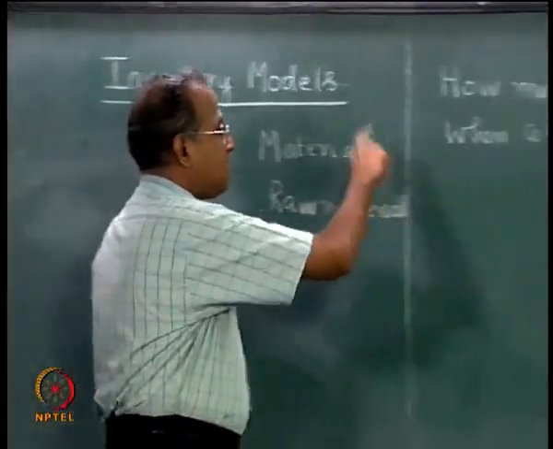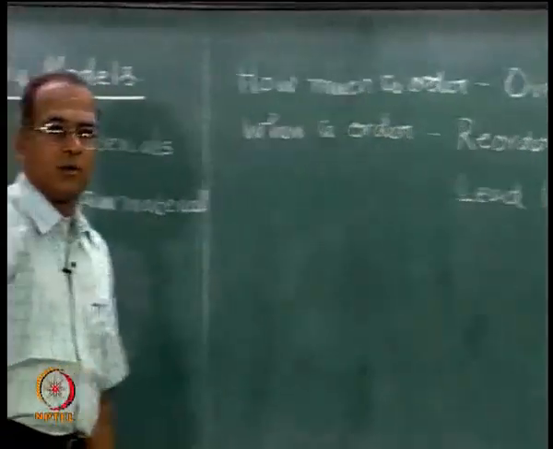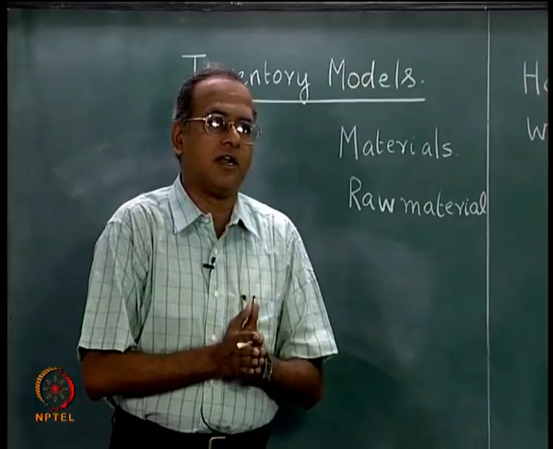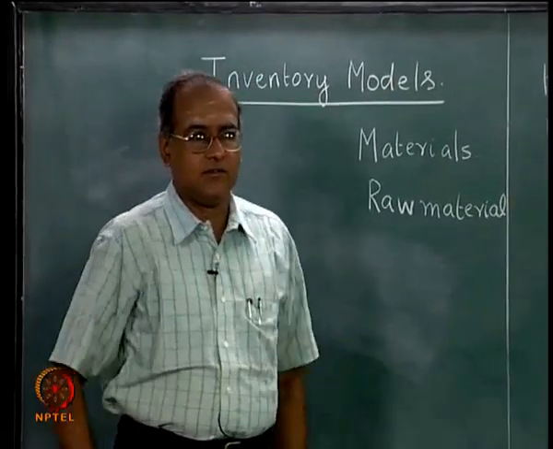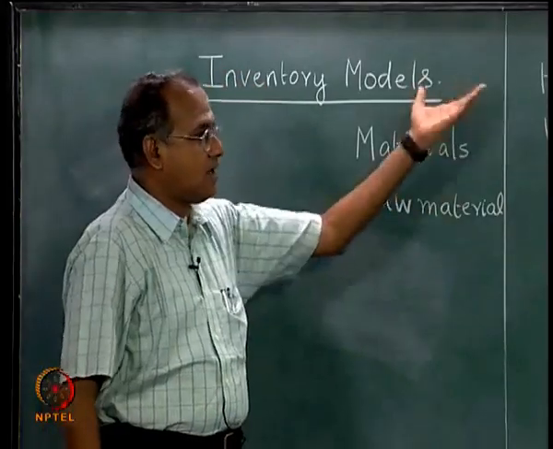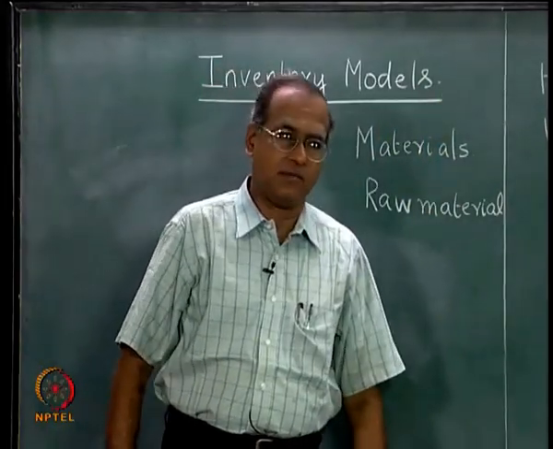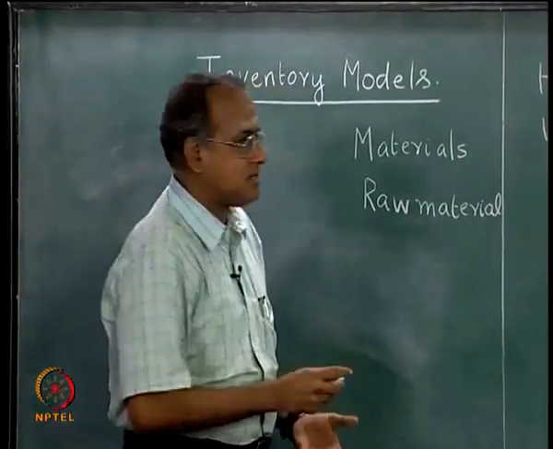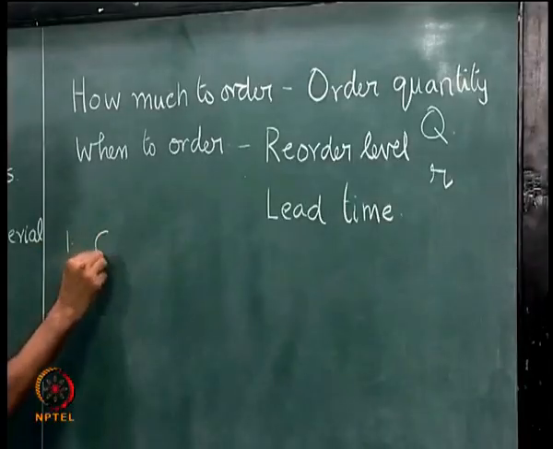We go back to the other question, how much to order. One other reason that we do not order the same item every day for consumption is that there are other costs associated with inventory. Obviously, when items are bought, there is a price, which is called the cost of the item.